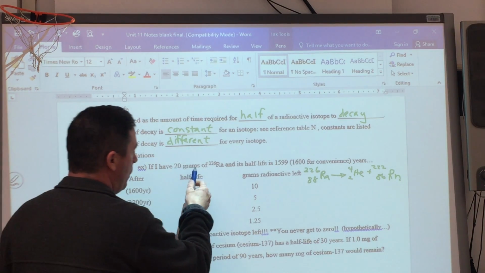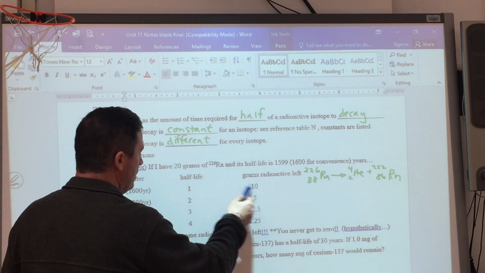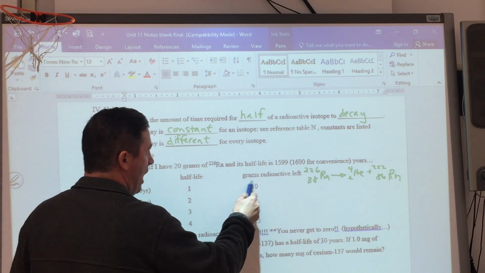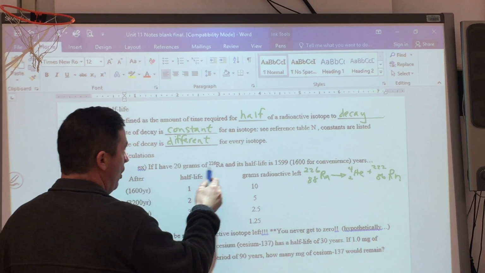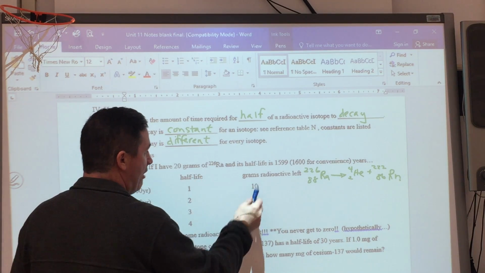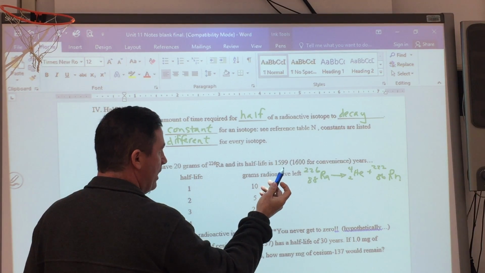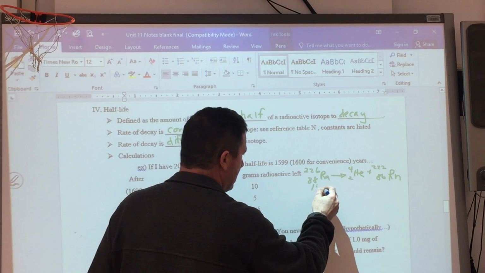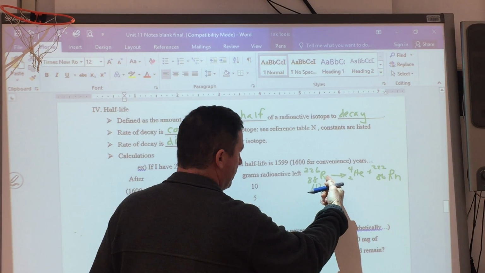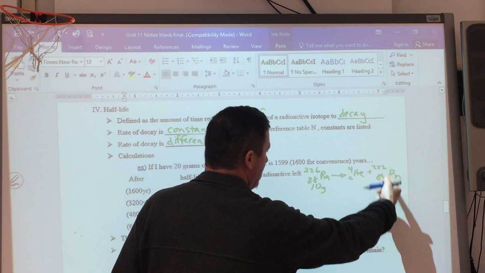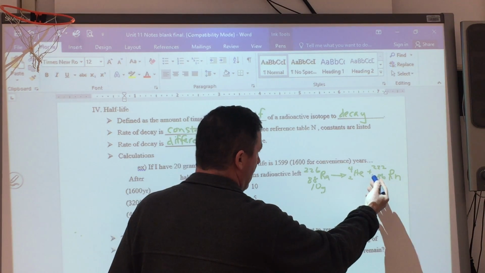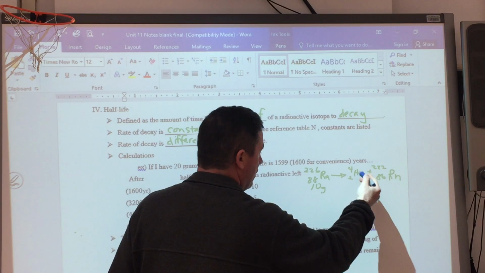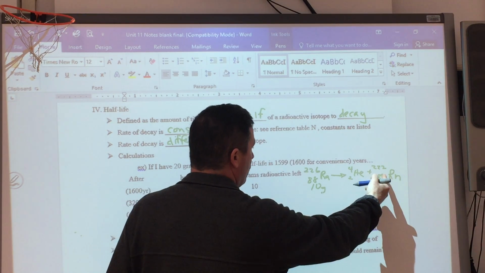So if I start with 20 grams, after 1600 years, I'm going to have 10 grams of the radioactive element of radium left. What about the other 10 grams? I've got 10 grams of this left. The rest is a combination of this. Okay? So what's going to be left there is the combination of helium and radon.